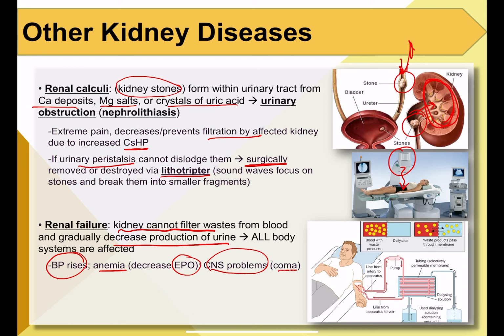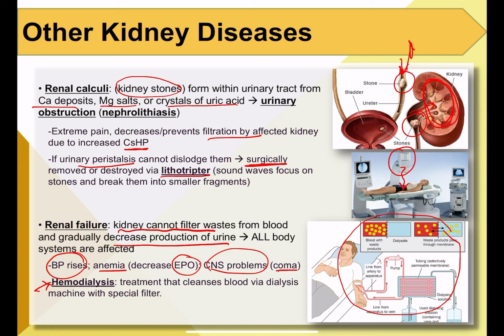which is coma. Okay, so usually people with renal failure, if they can't get a transplant of the kidneys as soon as possible, then they have to rely on what's called hemodialysis, which is a treatment that will cleanse your blood this way by using a magnet kind of thing that will attract all those filtrate or waste into the other side and let your clean blood go back into your system.